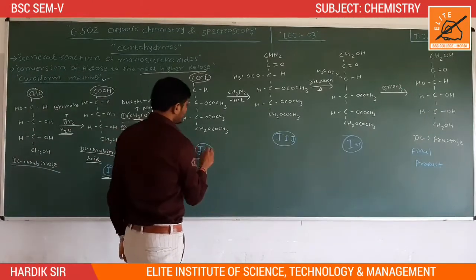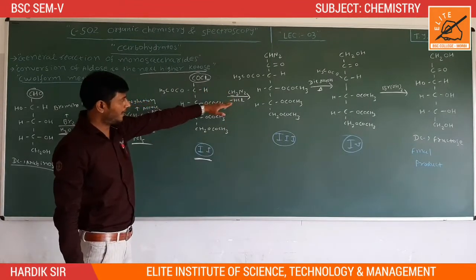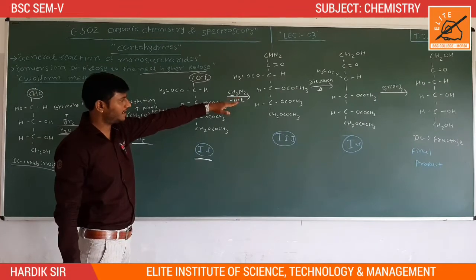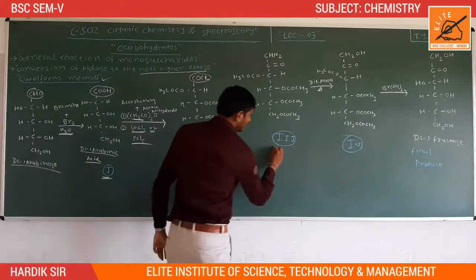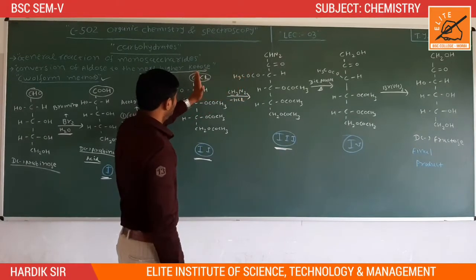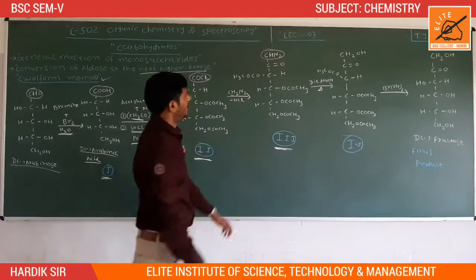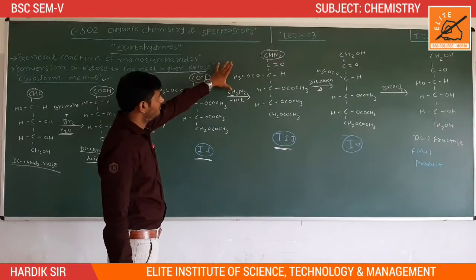Now our second intermediate product is reacted with diazomethane, removing one mole of HCl, to produce our third intermediate product. This is our third intermediate product. The chlorine of the carbonyl chloride group is removed and CHN2 is combined with this carbon.